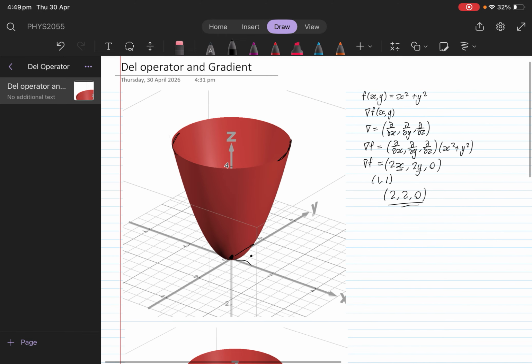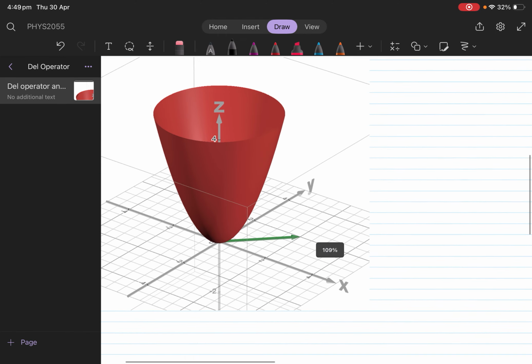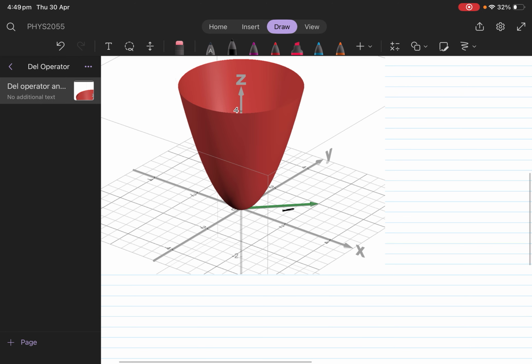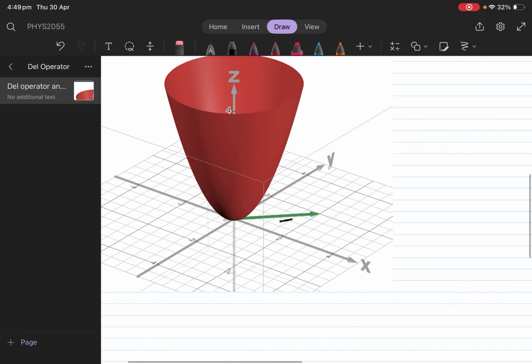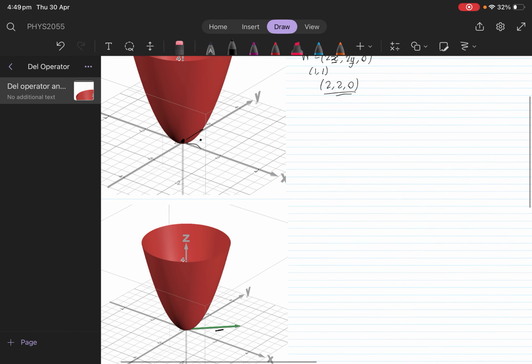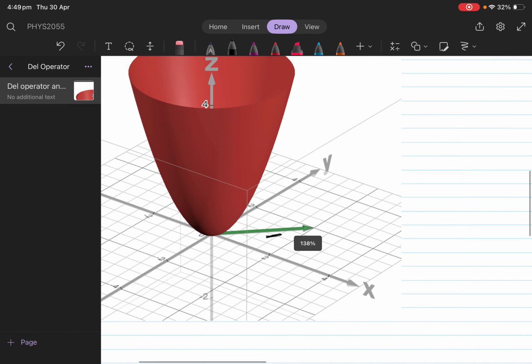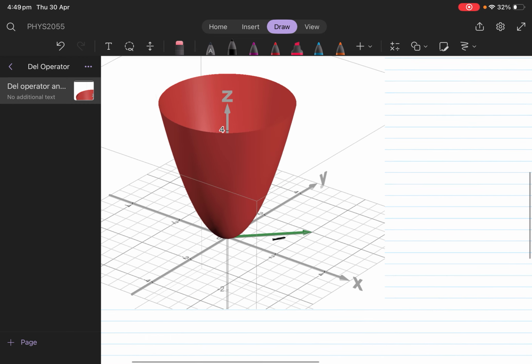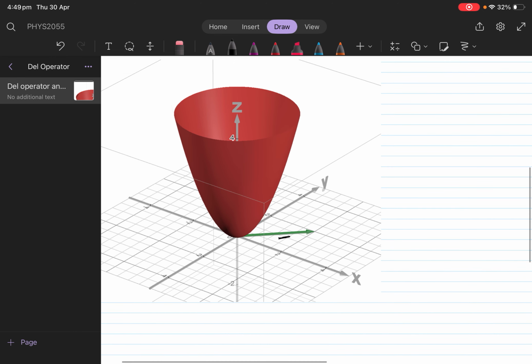Now I've plotted this down here on the Desmos again, and this vector is here in the green. So we can see that if you're at that position, 1, 1, in this curve, this green arrow points in the direction that you would have to go up this parabolic surface in the steepest direction.